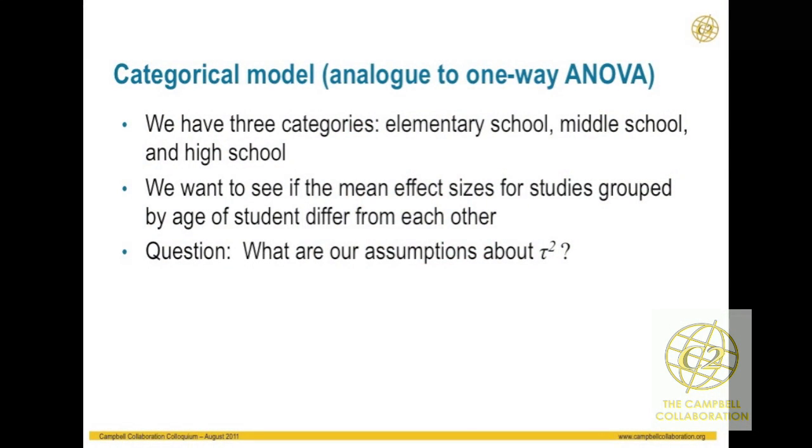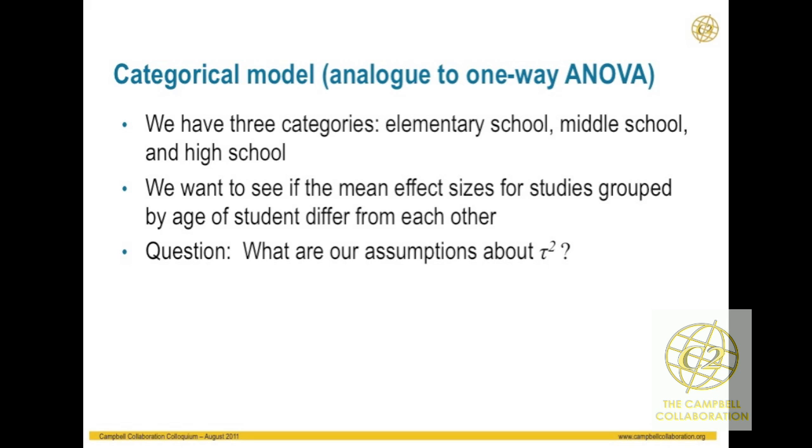So let's suppose that we've decided that we're going to use a random effects model, and we've gathered a bunch of studies, and we think in a very simple way, well, maybe our effect sizes are going to differ depending on what age of the kids are in our particular study.